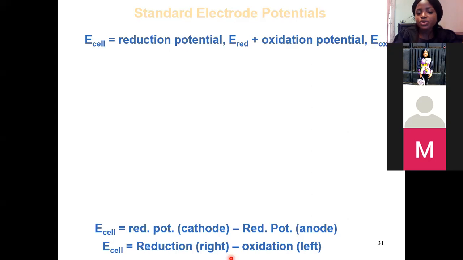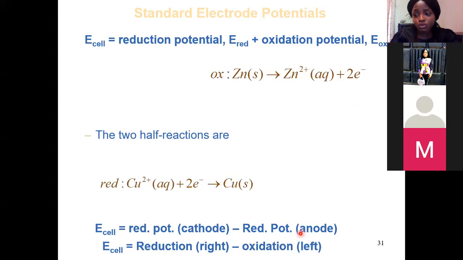So when we say reduction minus oxidation, it means your right minus left. So your E naught value of your right minus the E naught value of the left. What you have on your right is the cathode, and what you have on your left is the oxidation, which is the anode.